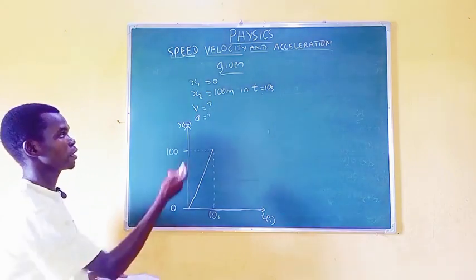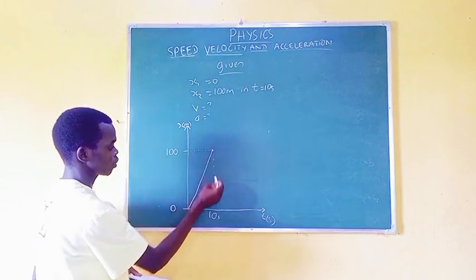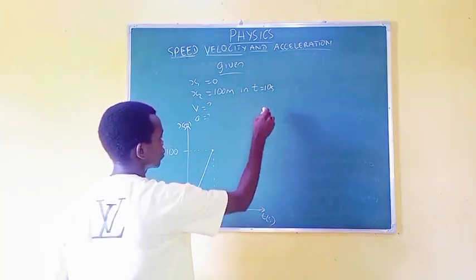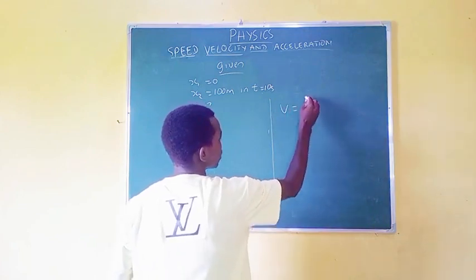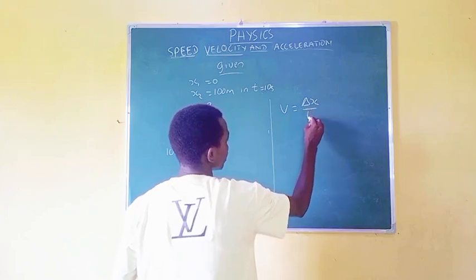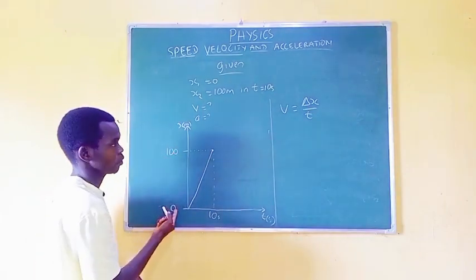And from here, we can find our velocity. So we say that velocity is equal to the slope of the displacement time graph. We now have velocity, which is equal to change in s over change in t, the final minus initial.